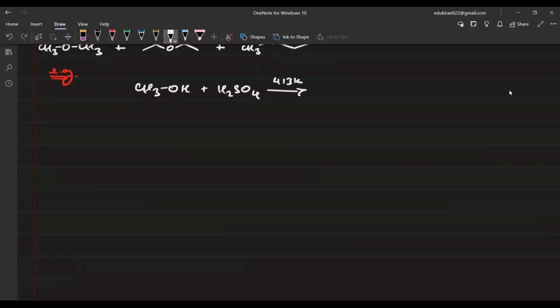At 413 Kelvin, it is going to make CH3OCH3. You don't have to figure so much out. Whatever alcohol is given, you just write the R group here.